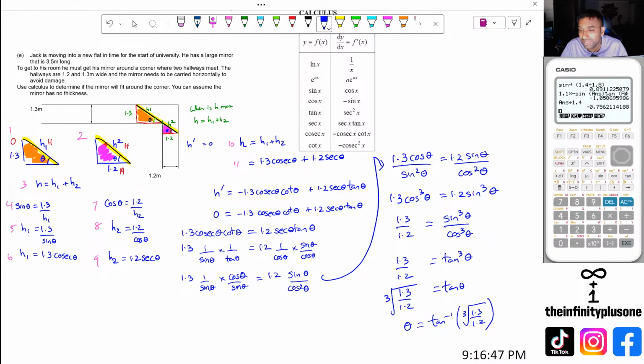Like I told you, it is a long question, but it does work out really nicely at the end. So your theta is equal to 0.798.